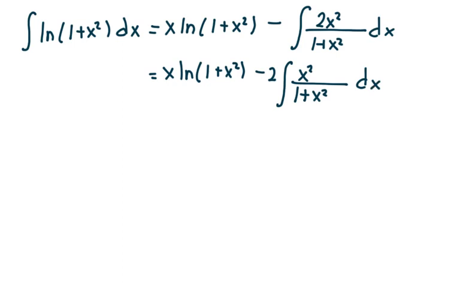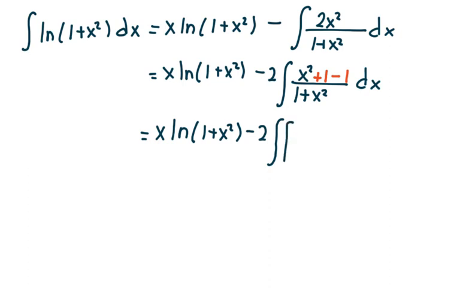Now, I'm going to show you guys a little trick here. The way I'm going to do my long division is as follows. I'm going to add 1 to the numerator, but then subtract 1. So it's kind of like adding 0. But I want you to watch what happens when I do that. I get x natural log of 1 plus x squared minus 2 times the integral of, now if I split off that fraction, x squared plus 1 divided by x squared plus 1, minus 1 over x squared plus 1 dx.